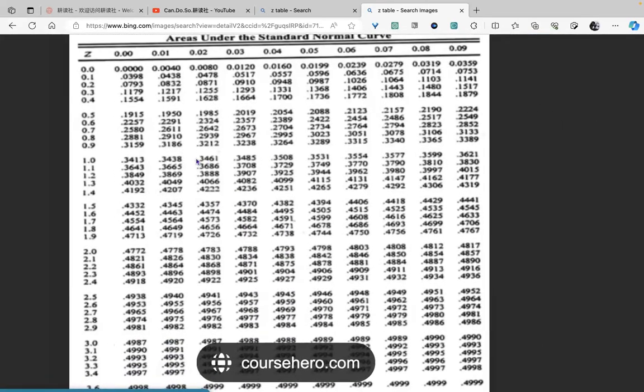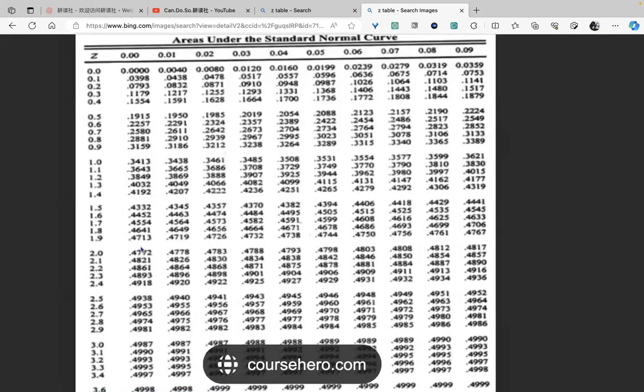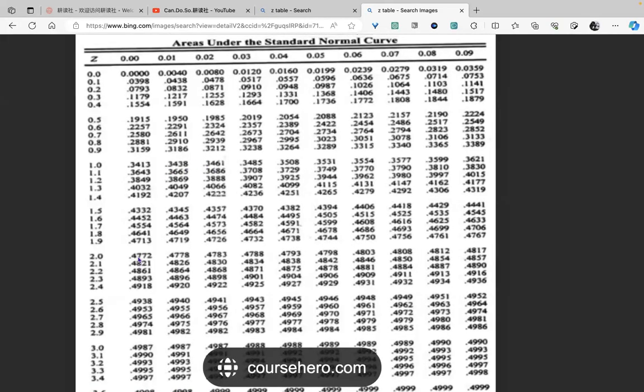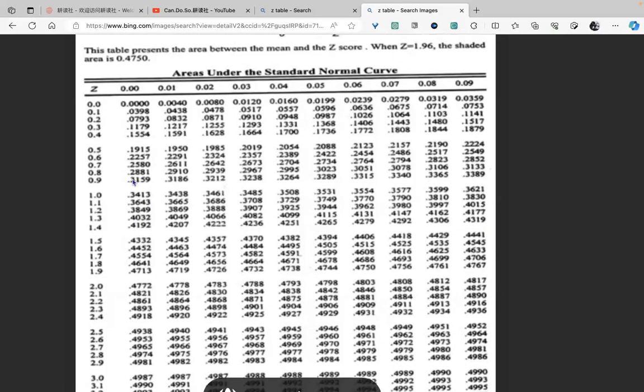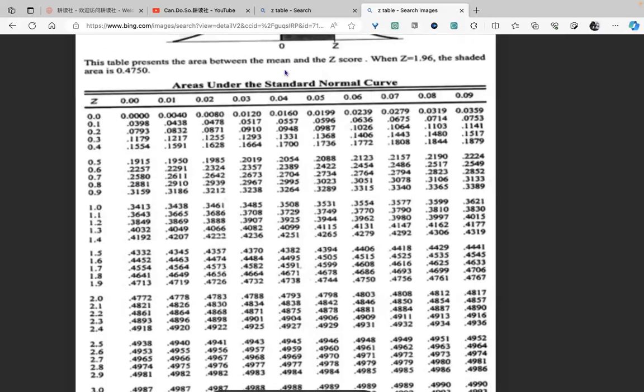It normally looks like this. For example, if this score is 1, the area under the standard normal curve.